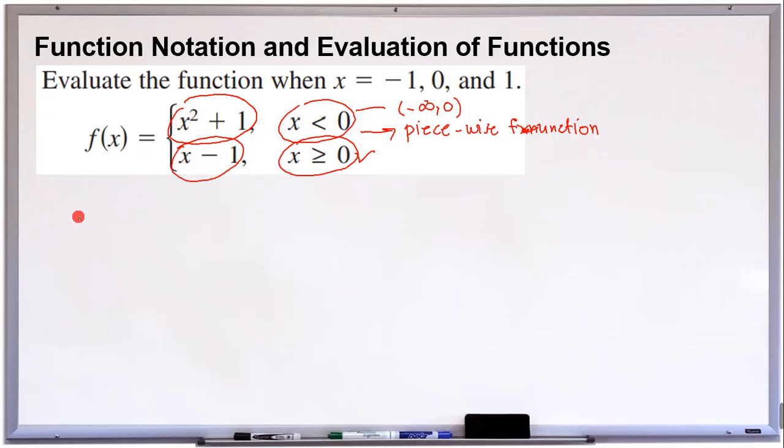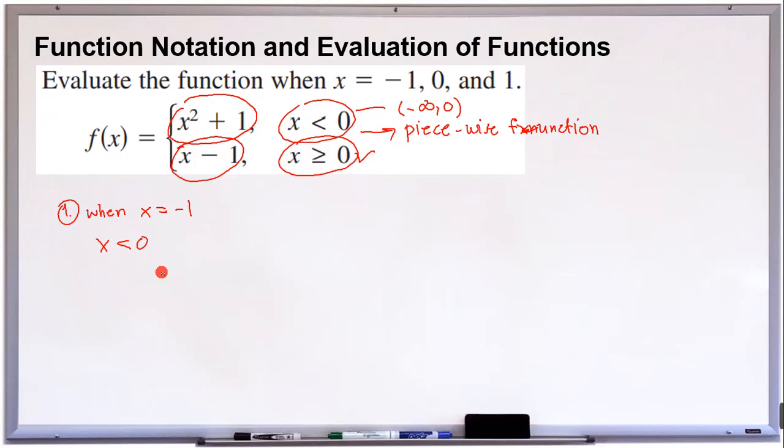Okay, so let's try. The first one is when x is equal to negative 1. So the first question is, which domain does x equal to negative 1 belong to? Negative 1 is a negative real number. So from the given set of domains, we can say that negative 1 is under x less than 0.